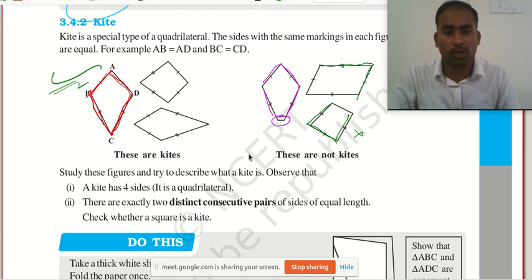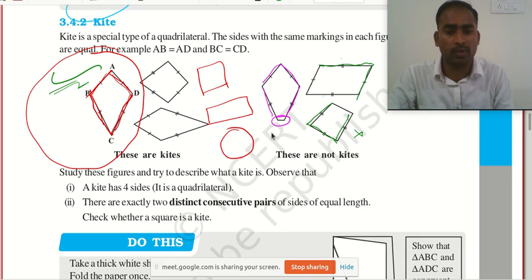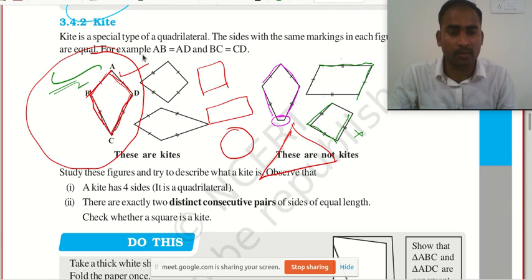This is the next homework problem which I will give to Mr. Gautam. Why are kites in this shape only? Why are the kites not in a square shape or rectangle shape or circle shape or triangle shape? What is the particular reason?